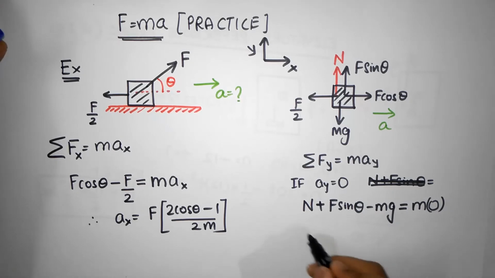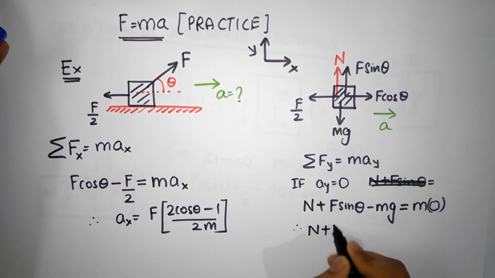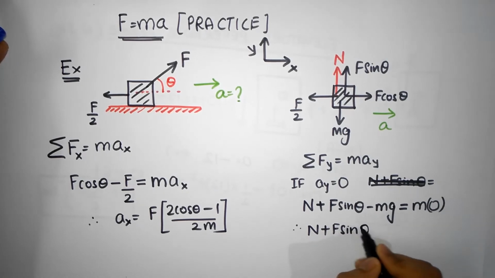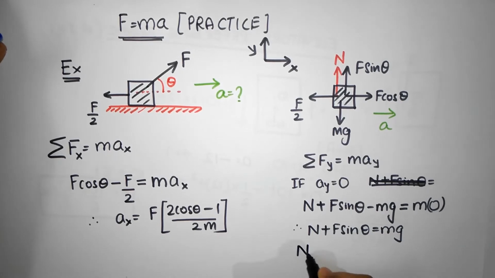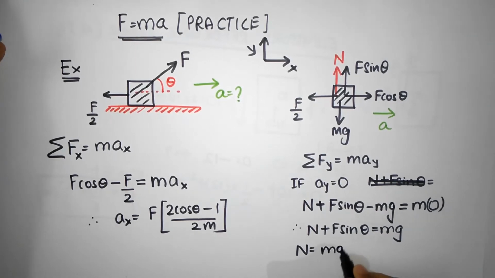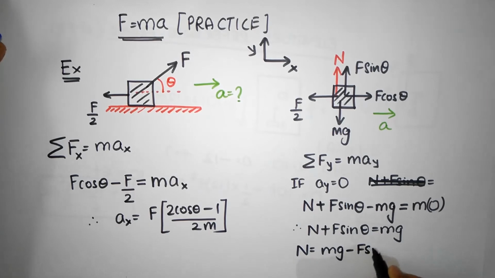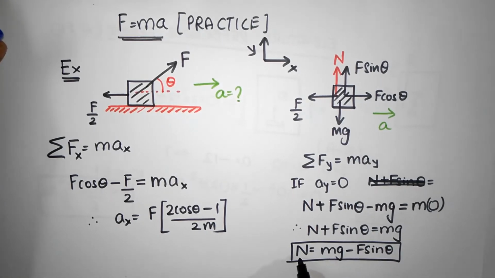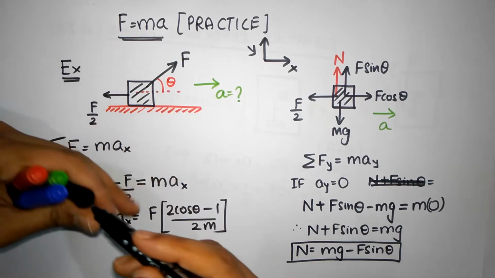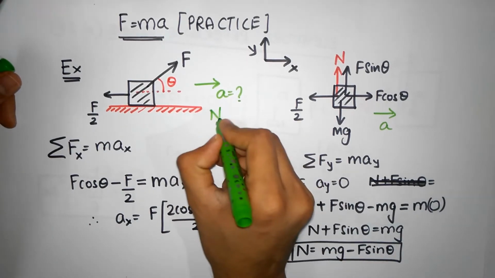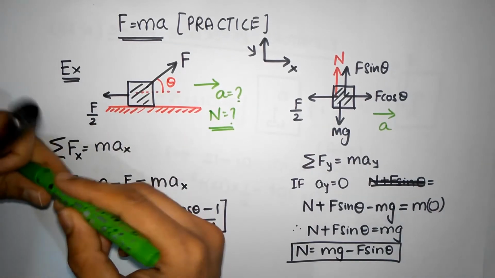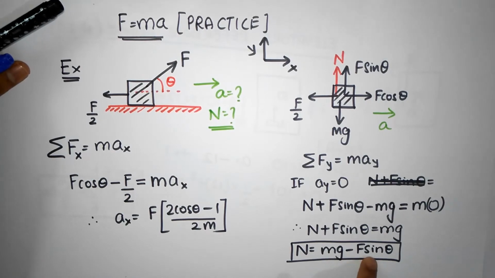Therefore, n plus F sine theta must be equal to mg, or n should be equal to mg minus F sine theta. So using this equation, we can figure out the normal force, even though the question was not asked. So what is the normal force? It becomes mg minus F sine theta.